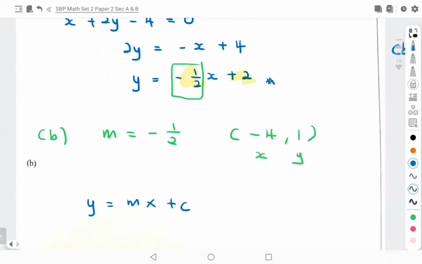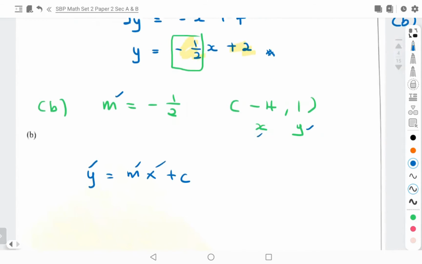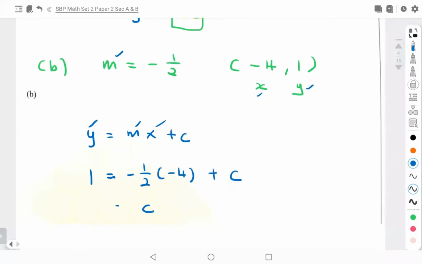We substitute to find out the value of c, the value of y-intercept. So you just substitute here. 1 equal to negative 1 over 2 times negative 4 plus c. After substituting, you can get the value of c. So c equal to 1 minus 2. c equal to negative 1.